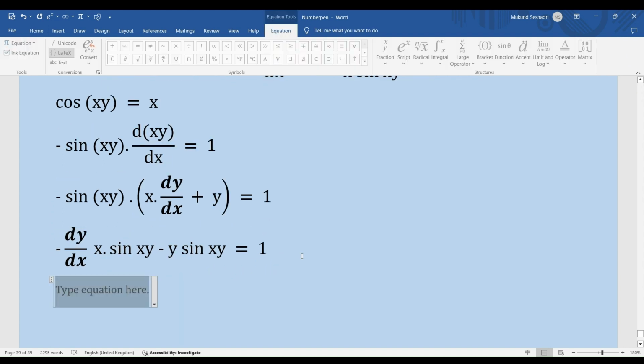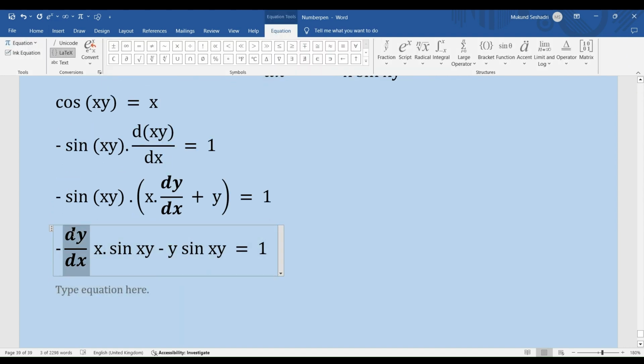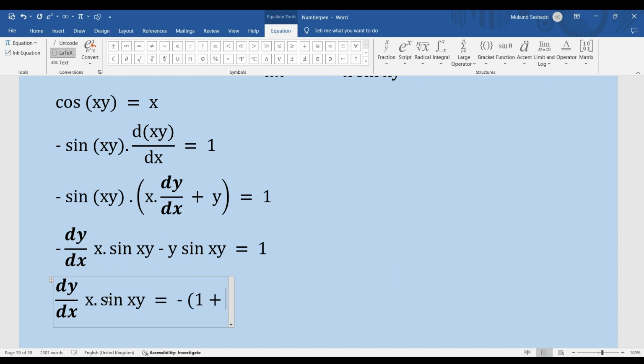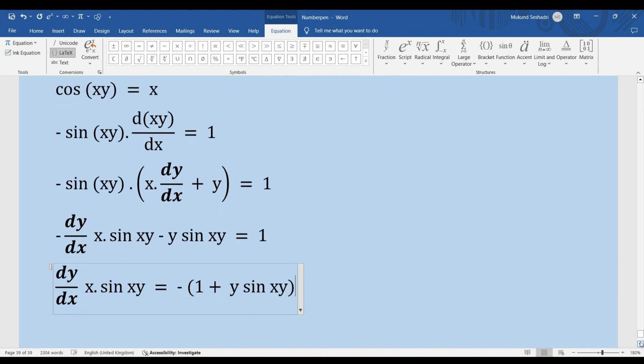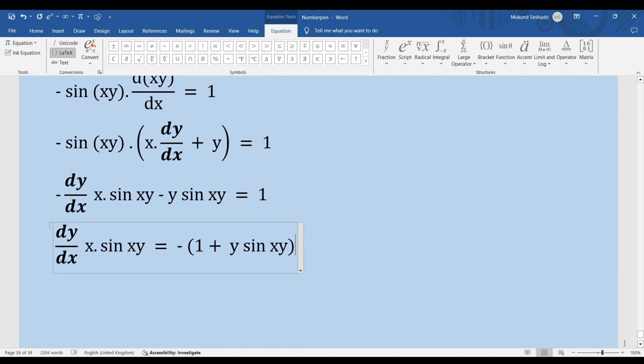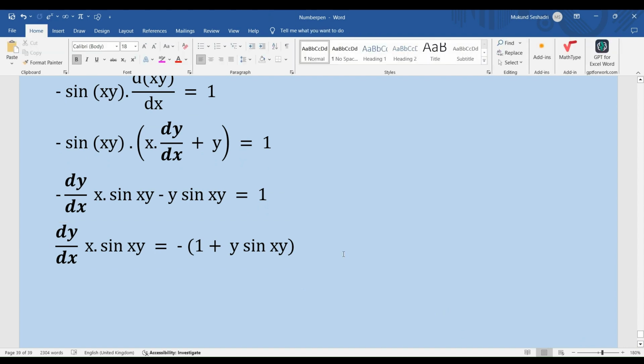My next step, again, I do a little bit of rearrangement. I write this as 1 plus y times sine xy, and I move the negative sign to the other side, right? It doesn't change my expression in any way. So this is what I have, right? Or you can say I multiply by a minus 1 on either side and I rearrange the terms, right?